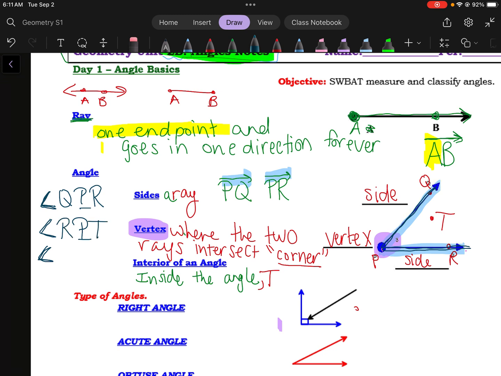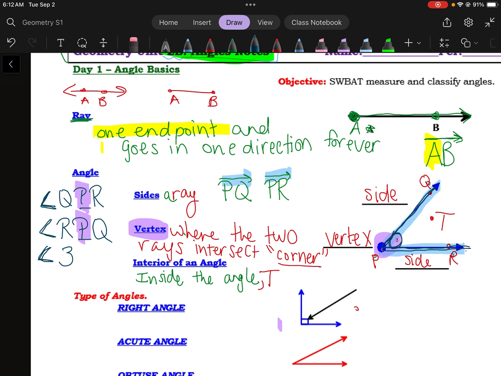But what doesn't change is what's in the middle. The middle letter is P. The vertex has to be the middle letter. I also see a number. 3 is in the interior of the angle, so you can also label it as angle 3.